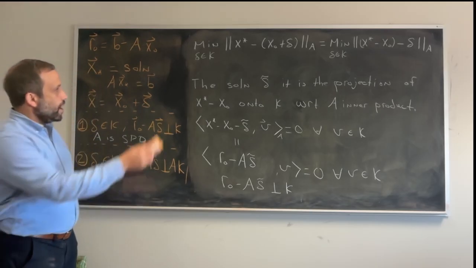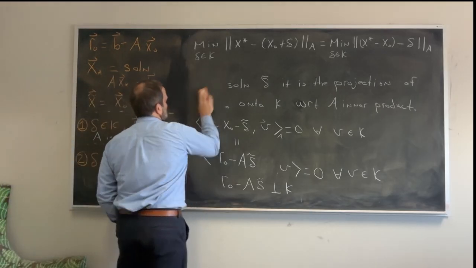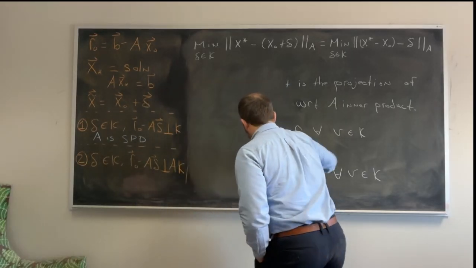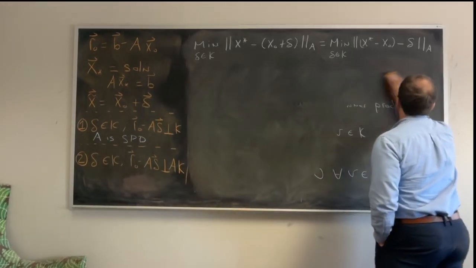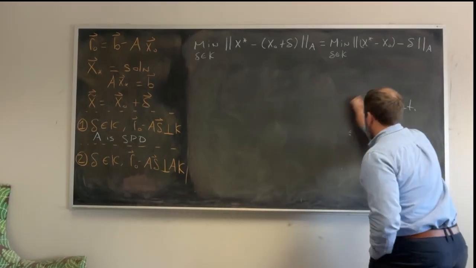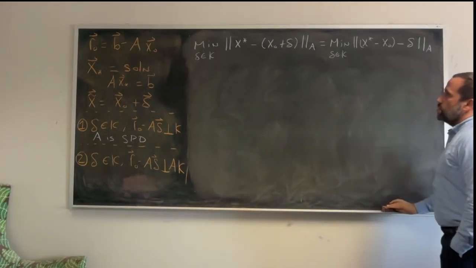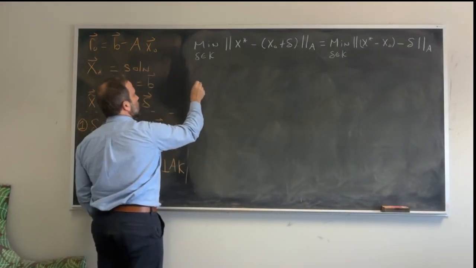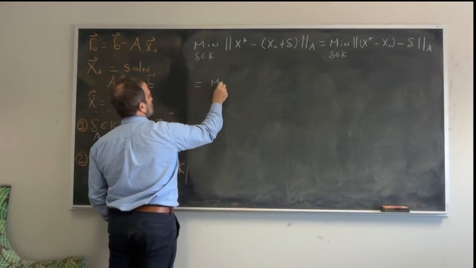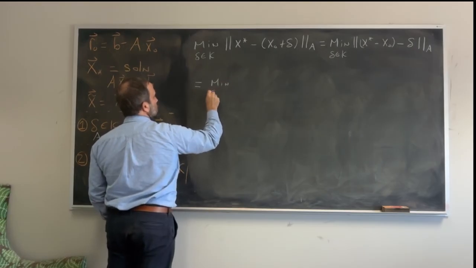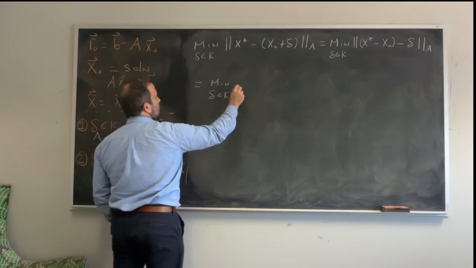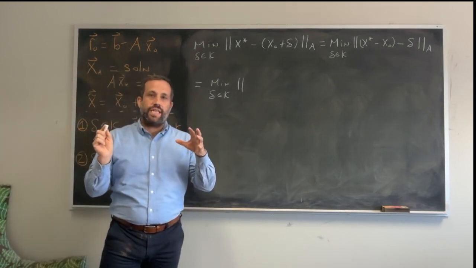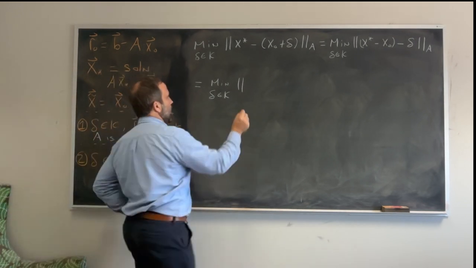Now, there are other ways that we can think about this. Another way that we could write this would be the following. We want to minimize over delta in K. What is x star minus x naught? This is just the error from the previous step, so let's call that E0.